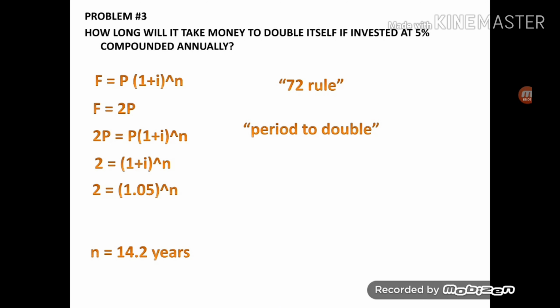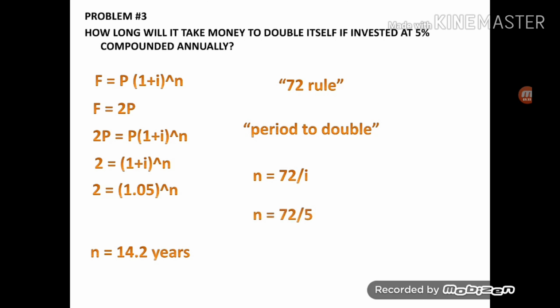The 72 rule is a rule used to calculate the number of periods a certain amount of money will double given an interest. That is, to calculate the number of periods that our money will double, what we need to do is only divide 72 by the interest.